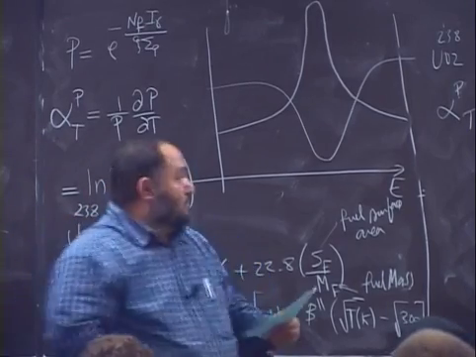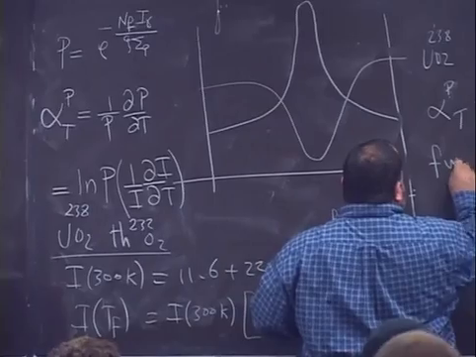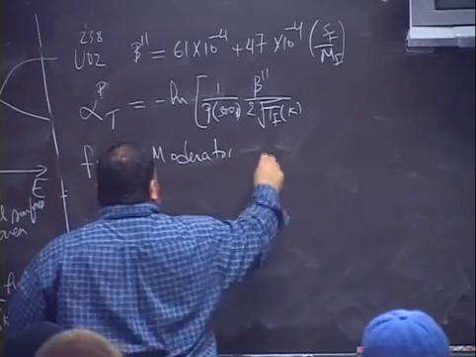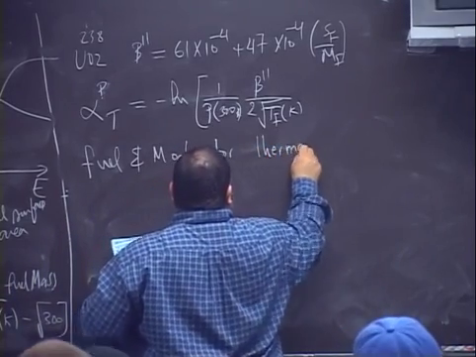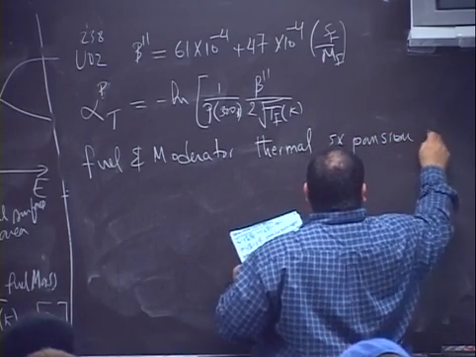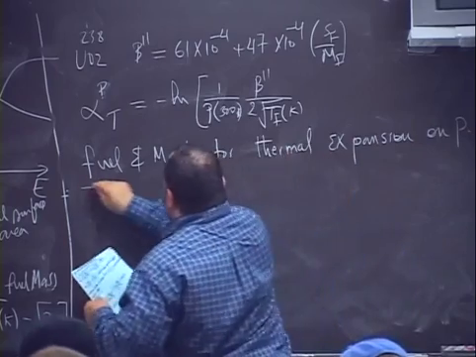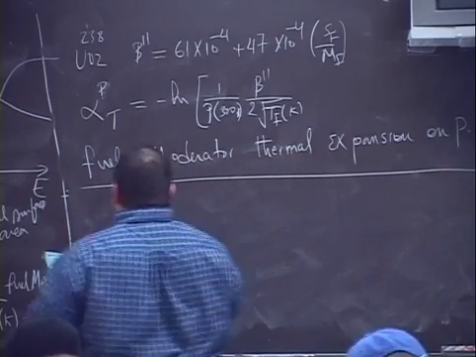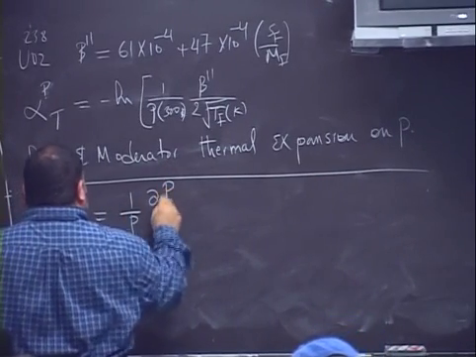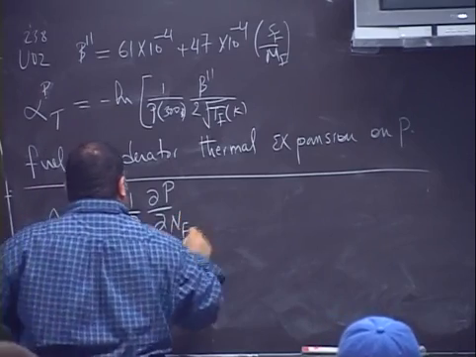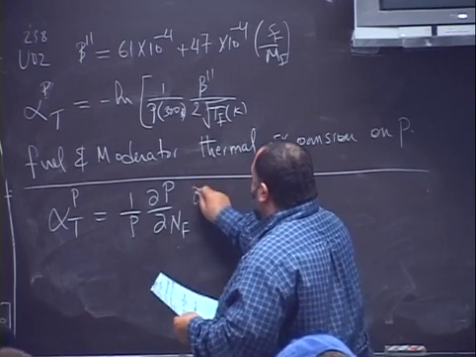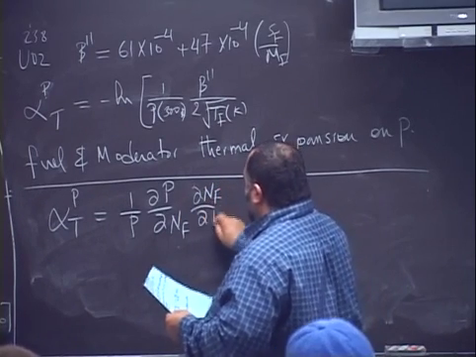In this case, if you want to look at the fuel and moderator thermal expansion on P, the formula will be 1 over P dP by dN_F, the change of the resonance escape probability with respect to N_F, multiplied by dN_F by dT.